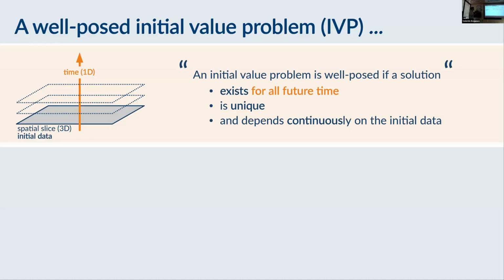In general, if you consider global well-posedness, we want it to exist for all future time. But I would be happy with local well-posedness, so that it persists for some future time. We want it to be unique, and we want it to depend continuously on the initial data. That's the physical way of phrasing well-posedness, but it's also very close to the mathematical definition.